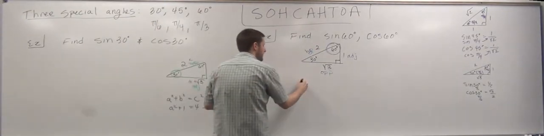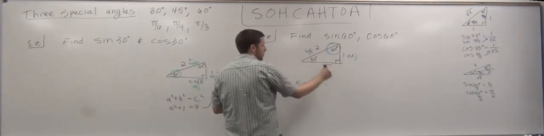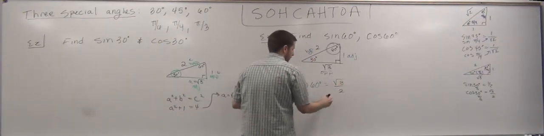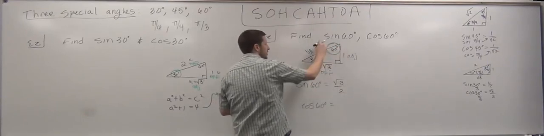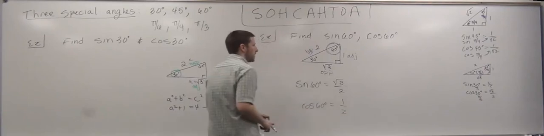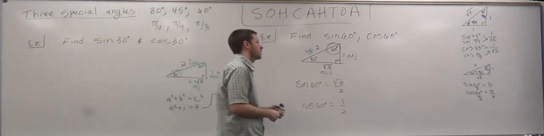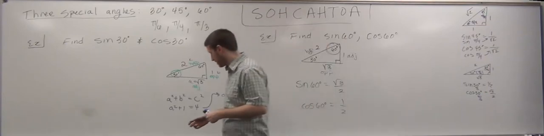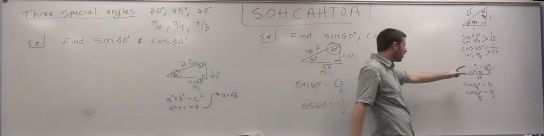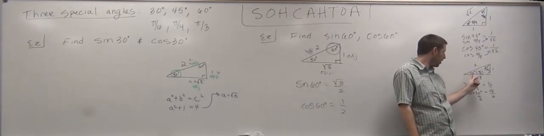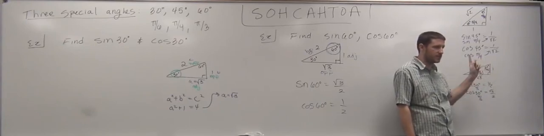So sine of 60 equals root 3 over 2. And cosine of 60 equals adjacent over hypotenuse, 1 over 2. Does that make sense? So this triangle encodes all the trig function values for 30 degrees and all the trig function values for 60 degrees.